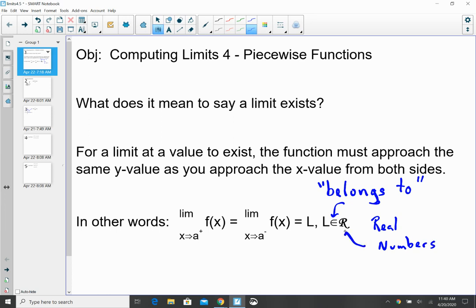So what the heck does that mean? All in all, it's saying L is a real number. That's what that means. All right. Again, that's not really part of the whole scope and sequence, but it's nice to start to understand and know the notation and symbols that we will be seeing more and more.